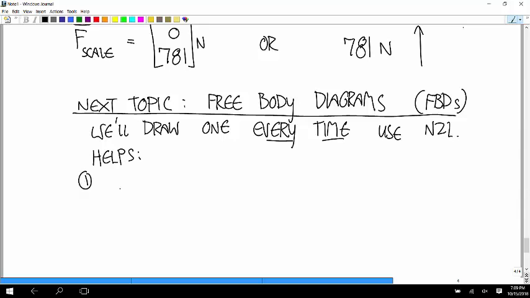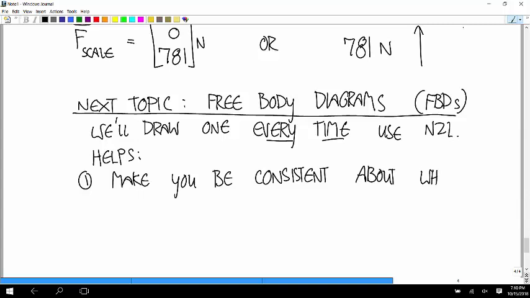So the first thing it's going to do is make you be consistent about what your chosen object is.